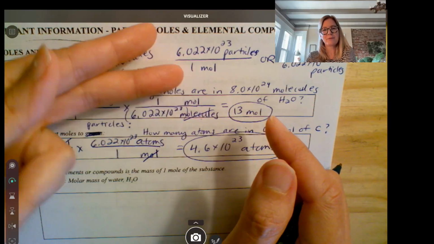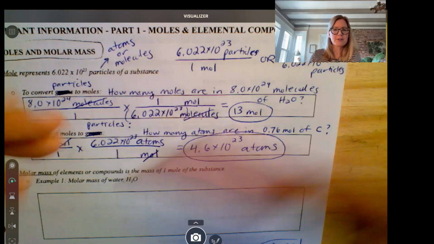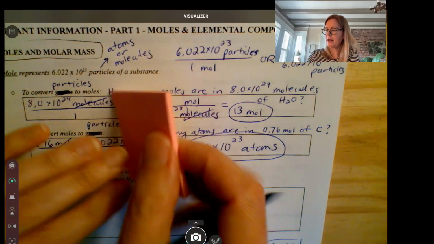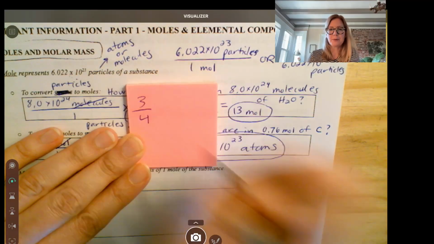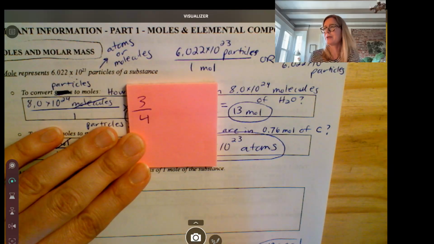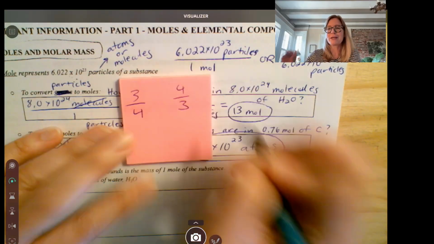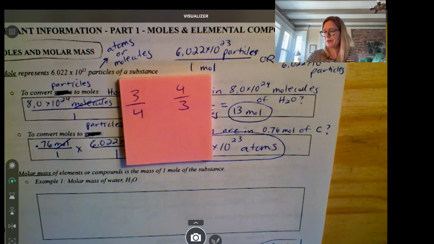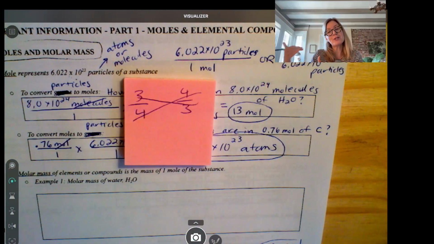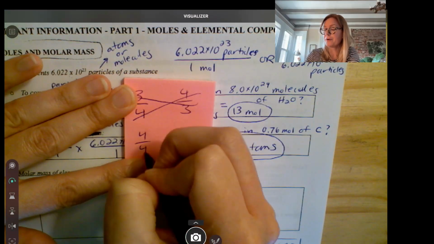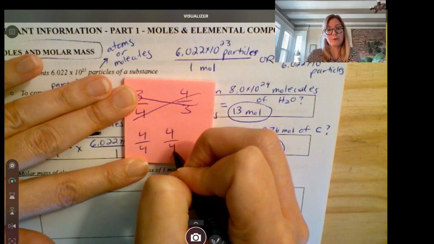I remember when I learned dimensional analysis, I was very confused by the fact that you could just flip this fraction, because normally fractions are not flippable. I was used to 3/4. If you have a fraction like 3/4, you cannot flip that. 3/4 is not the same as 4/3. You can't just flip it whenever you feel like it. But when the fraction is equal to 1, you can. A fraction like 4/4, you can flip it and you get 4/4.